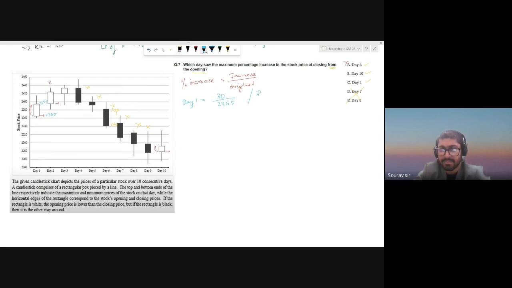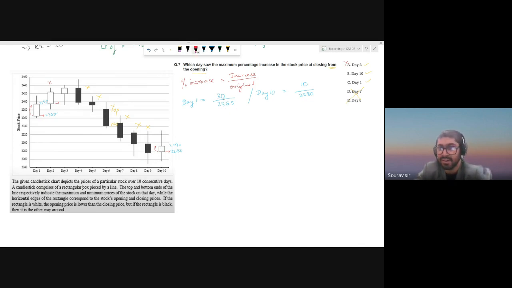Now let's check day 10. Day 10 here, this price is almost touching 2280, right? So 2280. This is 2280. And the upper part is nearly at the midpoint, so 2290. An increase of 10. Right? Now the denominator here becomes 3.